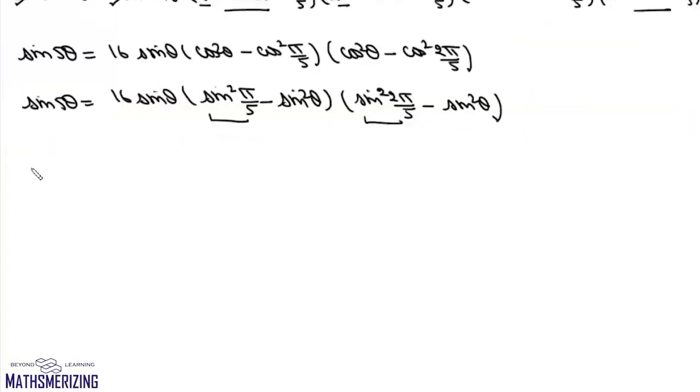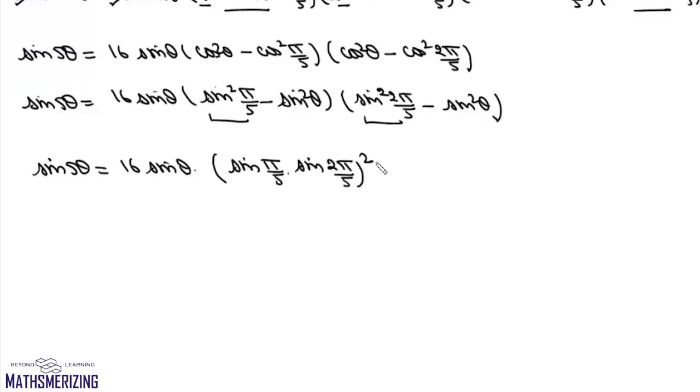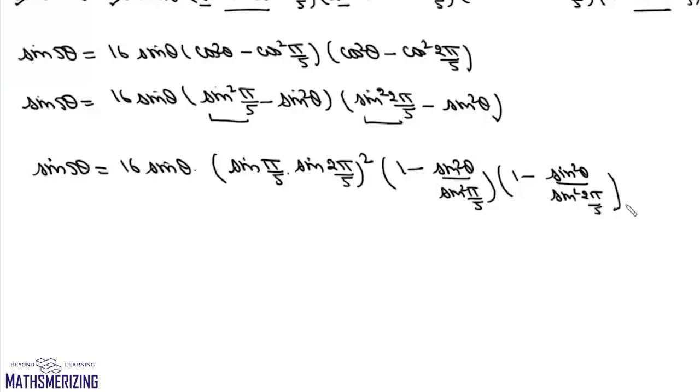We can write this as sin 5θ equals 16 sin θ into (sin π/5 into sin 2π/5) whole square, and here will be (1 − sin² θ/sin² π/5), and the next one is (1 − sin² θ/sin² 2π/5).